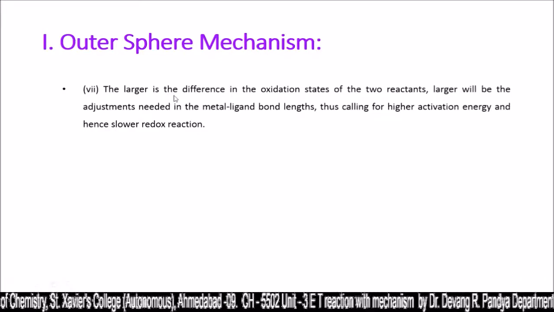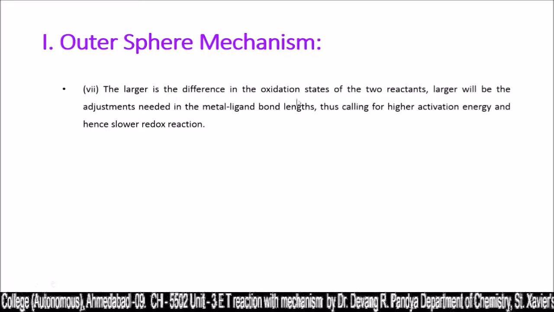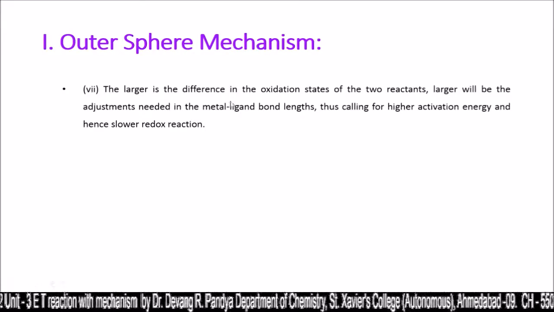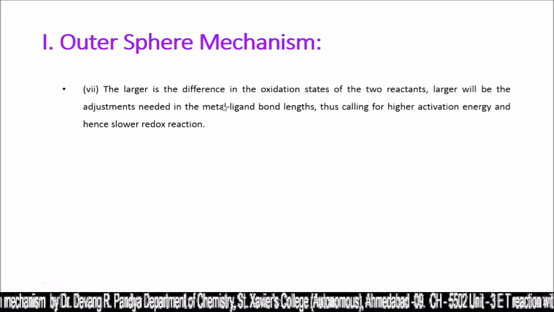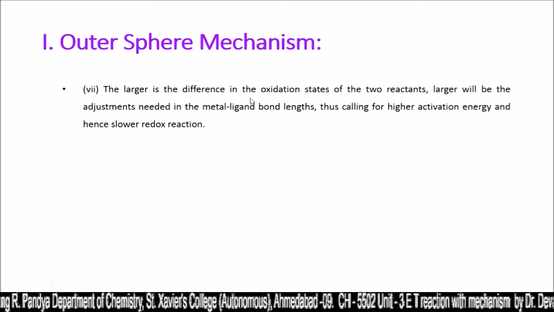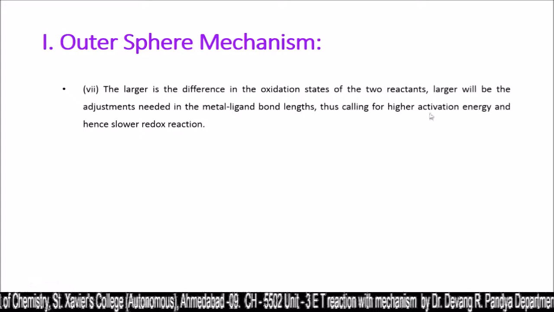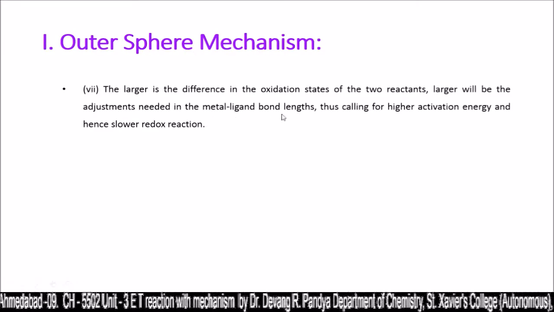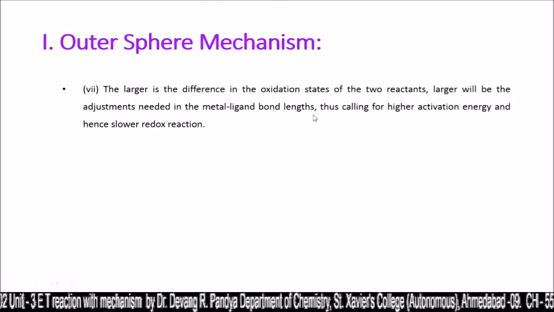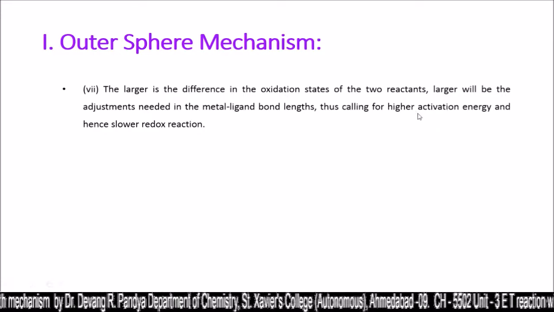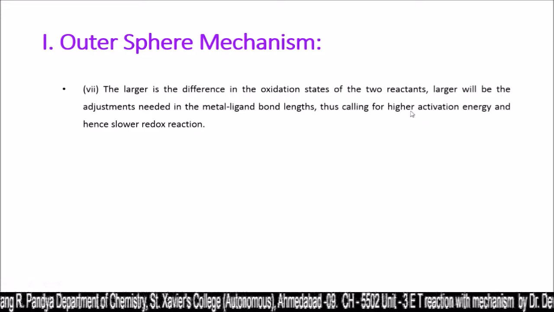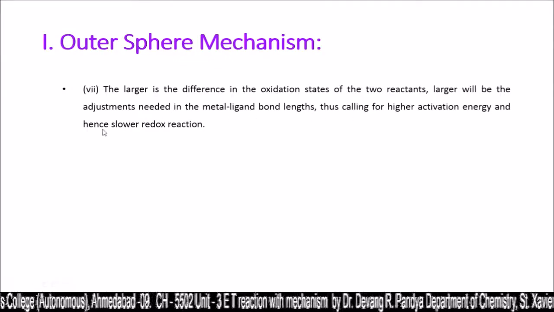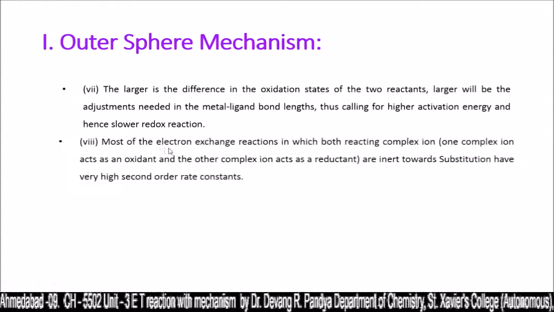So if we have a larger difference in the oxidation state of the two metals participating in the reaction, instead of +1 difference, if there is +2 or even +3 or more difference, then we need more adjustment in the bond length between metal and ligand, and as a result a lot of energy is required for activation. To reach the activation energy, the reaction is going to be a slower one.